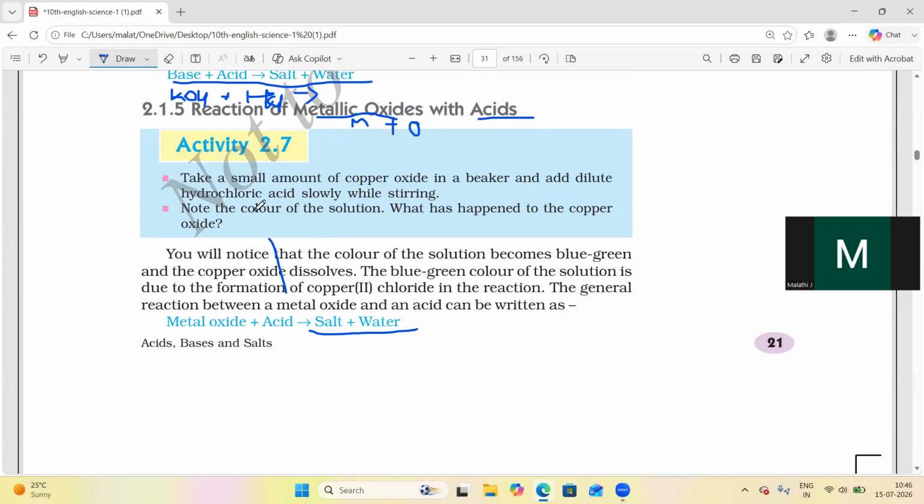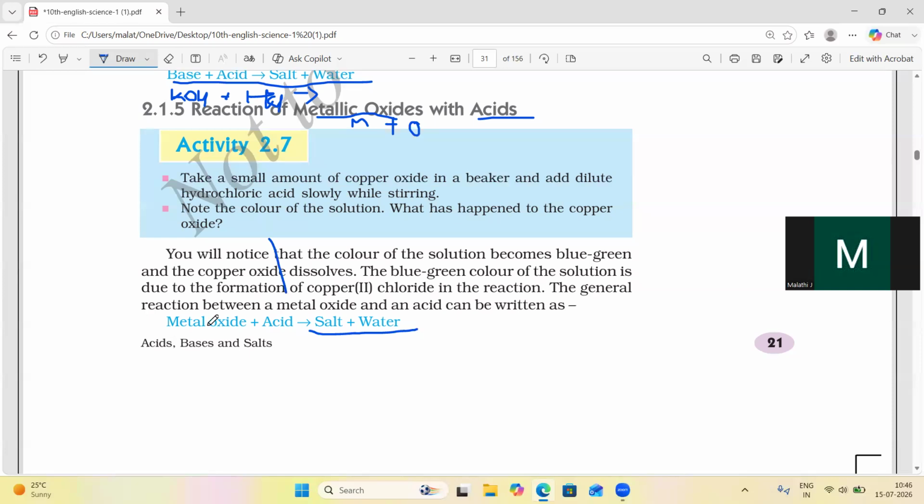Take a small amount of copper oxide in a beaker and add dilute HCl to it. Did you observe any color? That is an example you can also write.